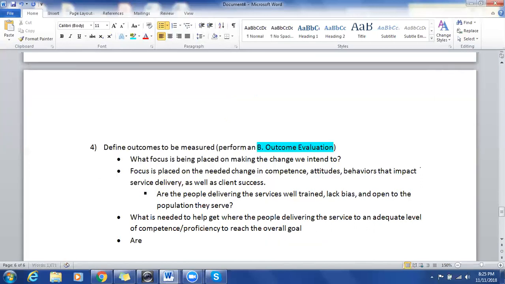And with that, are the programs causing change in a client's life, or is it hindering it?